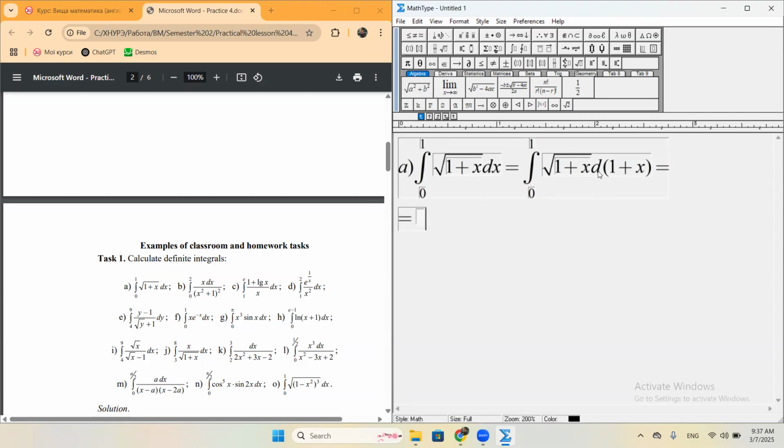According to the table of integrals, we have the following integral: 2 over 3, 1 plus x multiplied by the square root of 1 plus x, with the substitutions from 0 to 1.